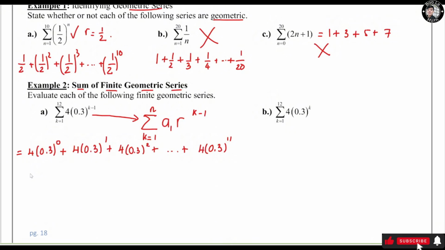So the first term is a1 equals 4. The common ratio is 0.3, and n equals 12.